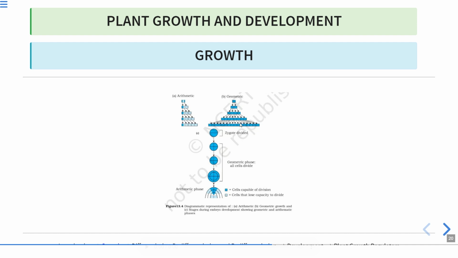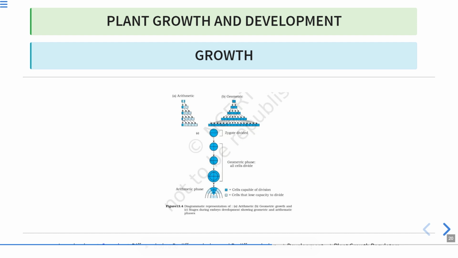In the case of the arithmetic, the cell is dividing and increasing in number, but only one particular type of cell continues to divide.